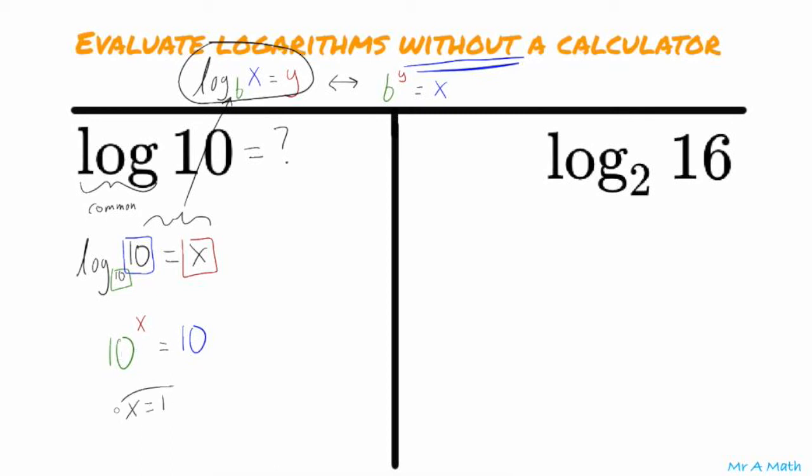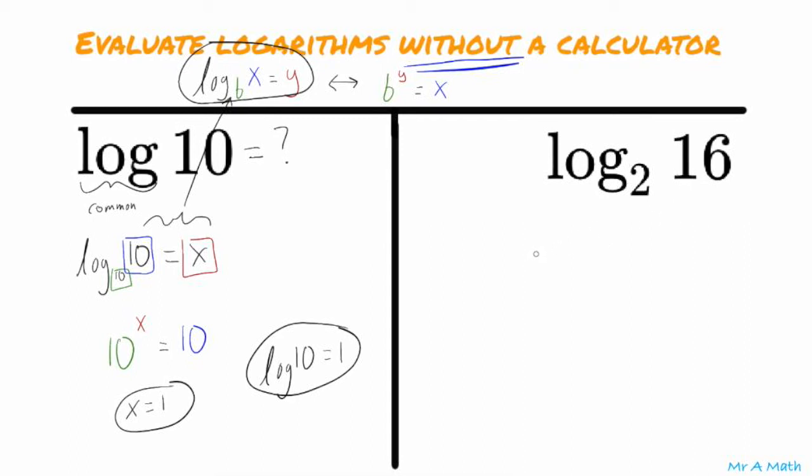And that's 1. So this is equal to 1, which means my log base 10 is equal to 1 as my answer. And then over here, we have log base 2 of 16.